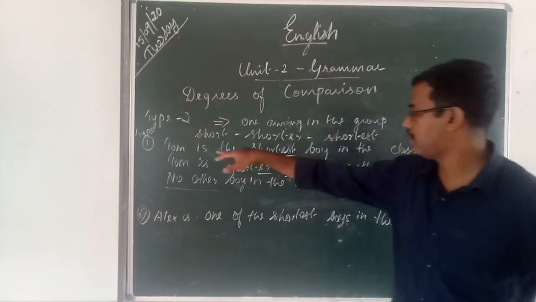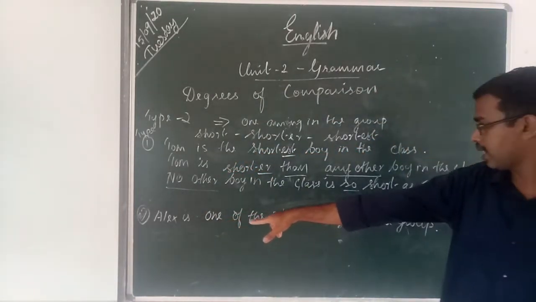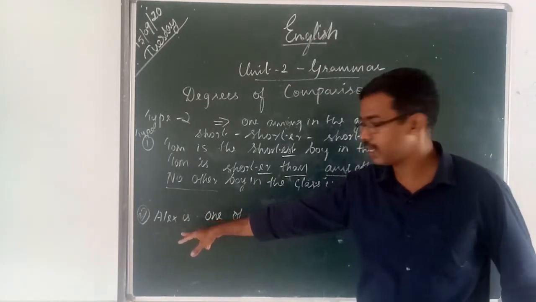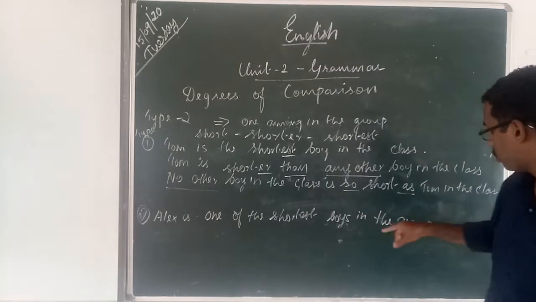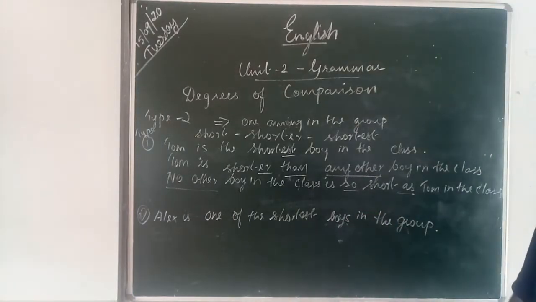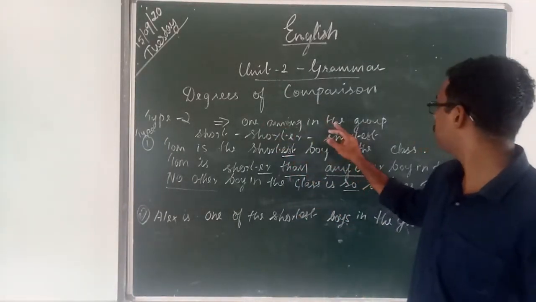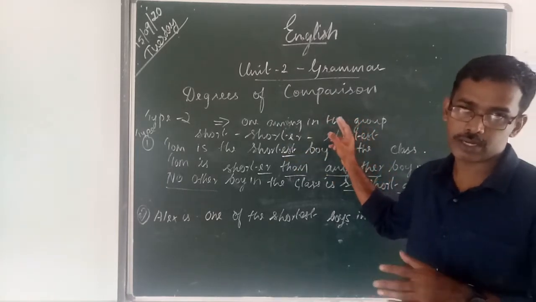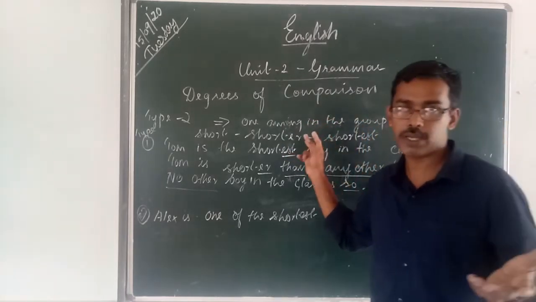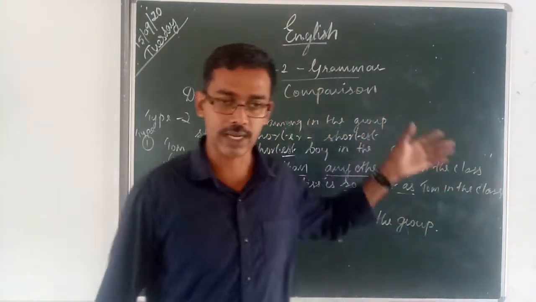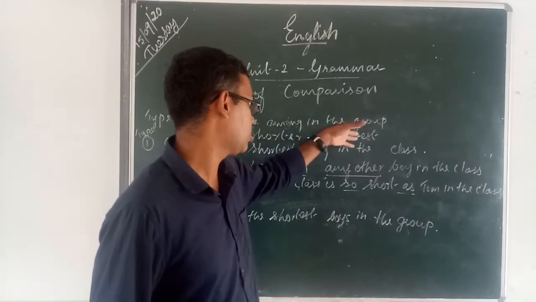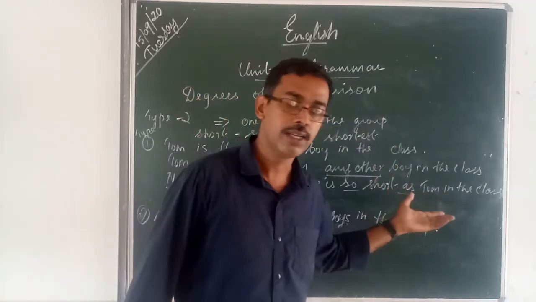Now we are taking another example for type 2: Alex is one of the shortest boys in the group. That means we are taking any one person from the group except the first and the last, the tallest and the shortest.